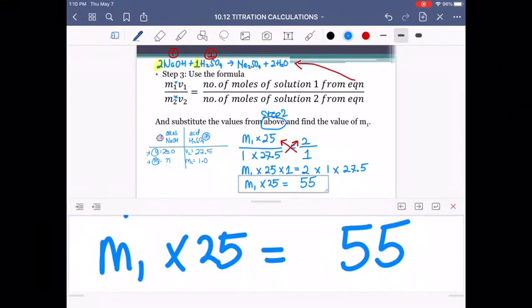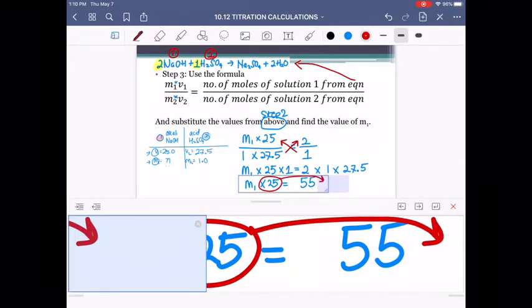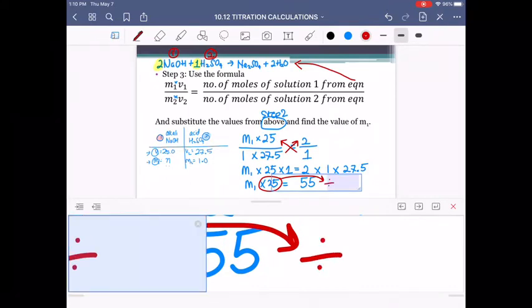Alright, after this, move the 25 from the left hand side to the right hand side, and it becomes divide.